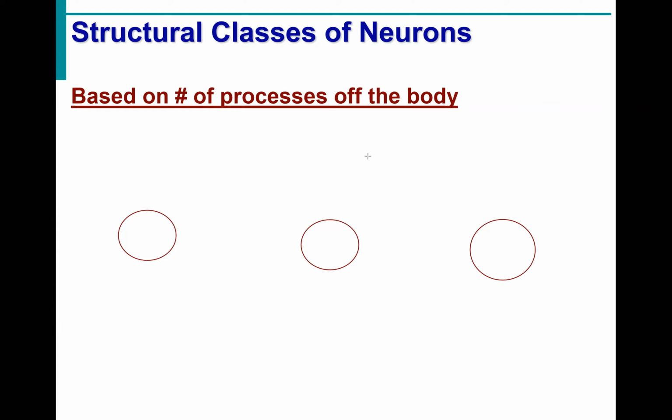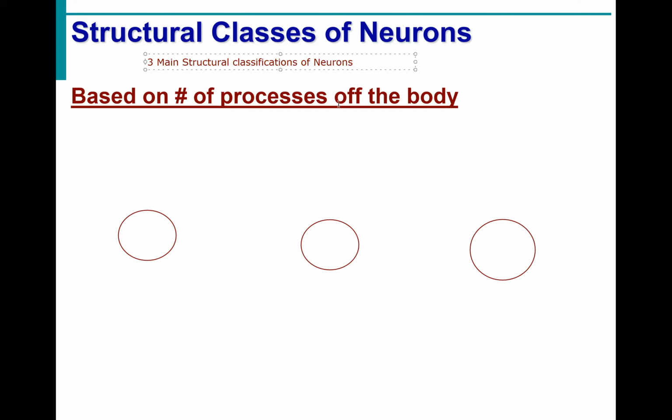The way we identify our structural classifications of our neurons, and since I've drawn 3 cells, it should not surprise you that there are 3 main structural classifications of neurons.